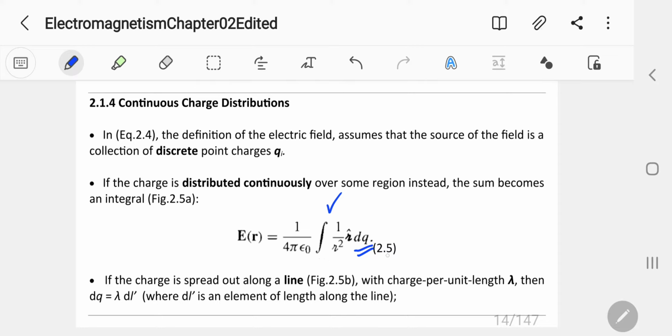So to sum this, you have to do the integral of dq. Of course, you have to put the direction of the electric field here, divided by scripted r squared.